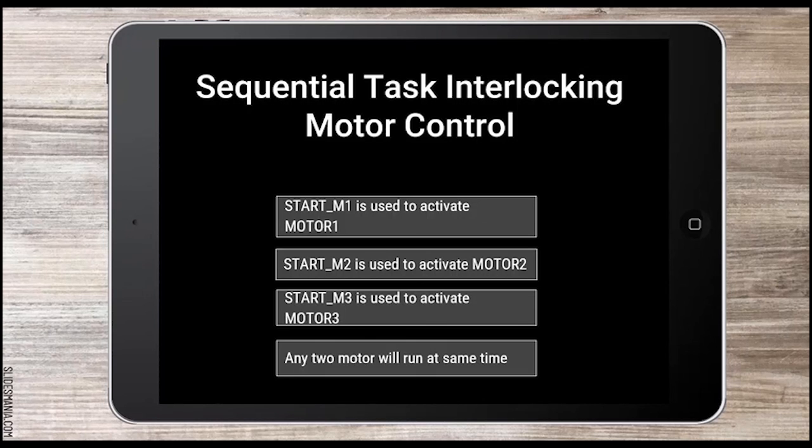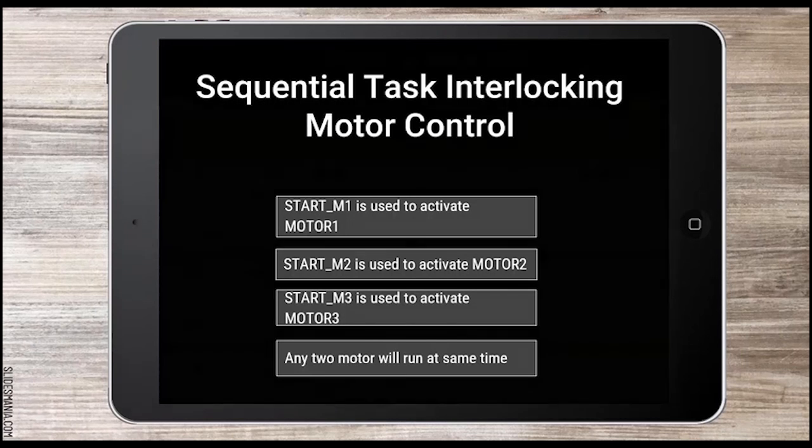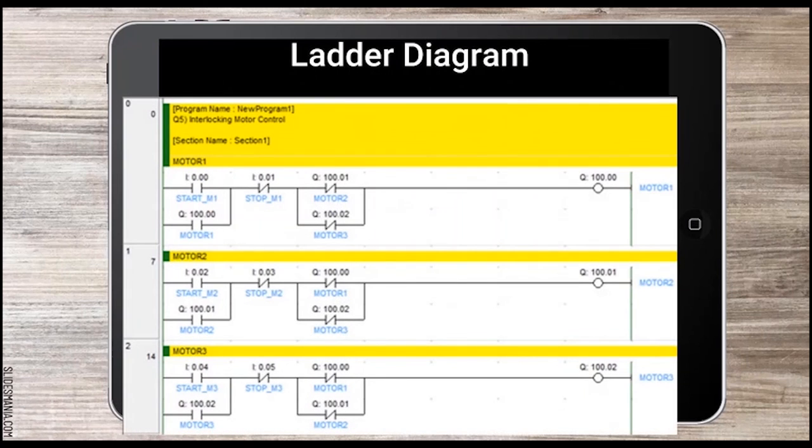Any two motors will run at the same time. Next, we move to the ladder diagram of this application. Rung 0 is for motor 1, rung 1 is for motor 2, and rung 2 is for motor 3.